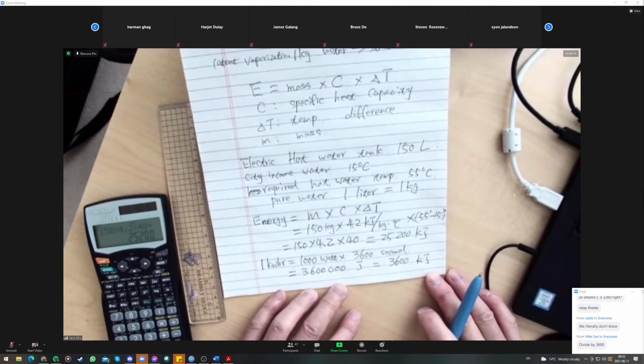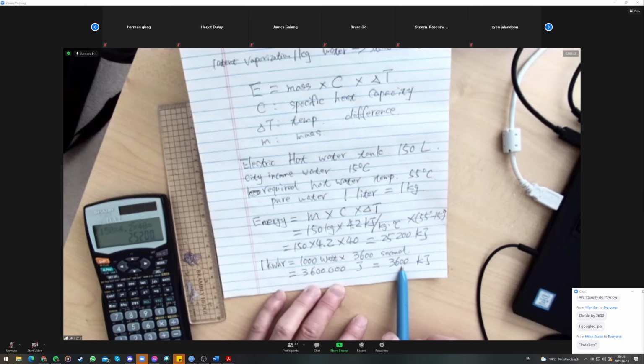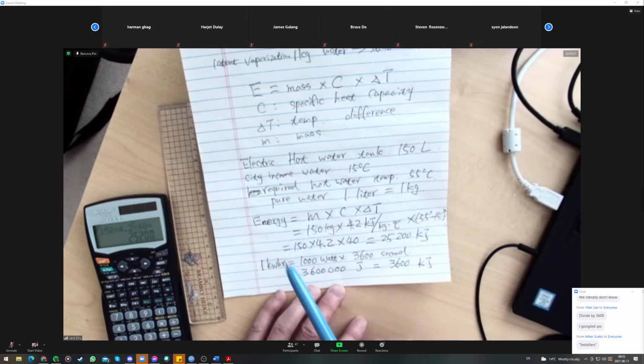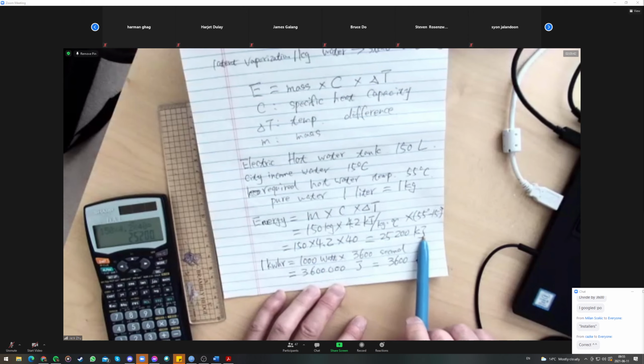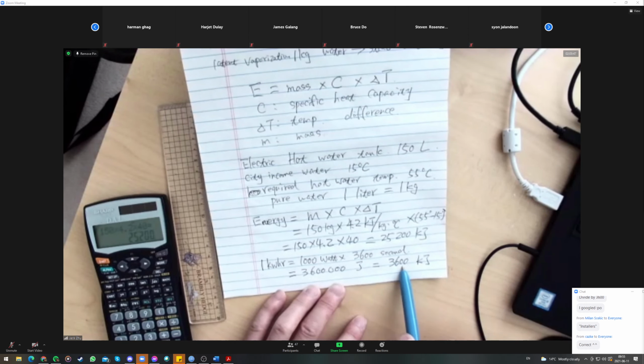What? You are an electrician, you didn't know this? Okay, if you know that, that's good. So 1 kilowatt hour equals 3,600 kilojoules. So if I require that much energy to heat up the water, you can use that number divided by that to give you how many kilowatt hours, right?